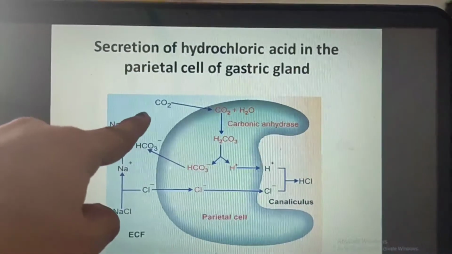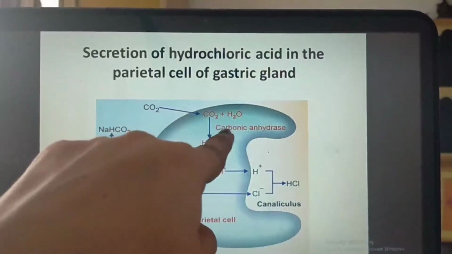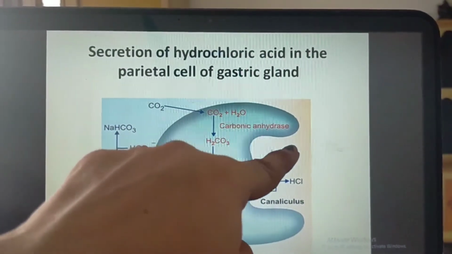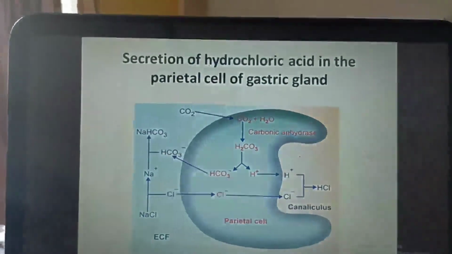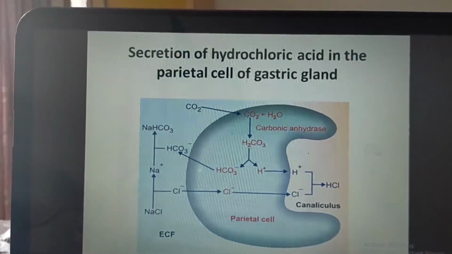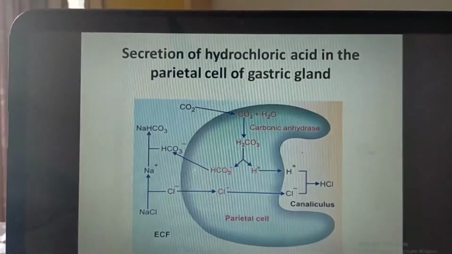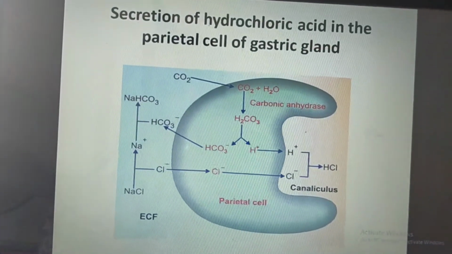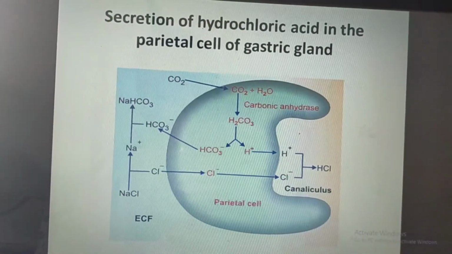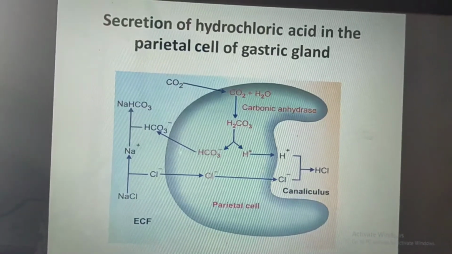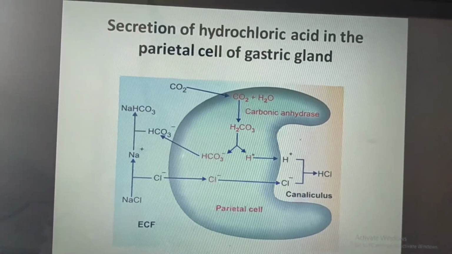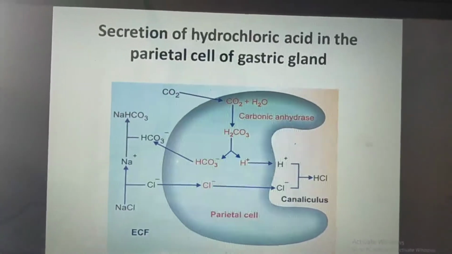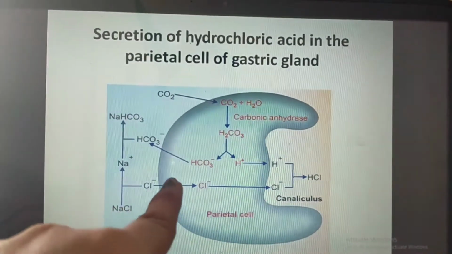So here the carbon dioxide combines with H2O in the presence of carbonic anhydrase and converts into carbonic acid. This enzyme is present in high concentration in parietal cells. Carbonic acid is a very unstable compound and immediately splits into hydrogen ion and bicarbonate ion. So you can see this hydrogen ion and bicarbonate ion.